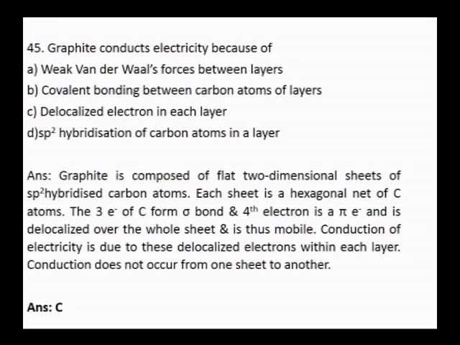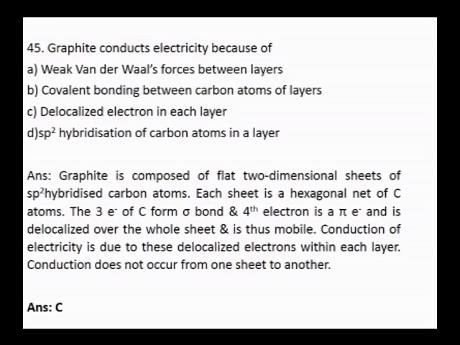In diamond, since all the carbon atoms are involved in bonding, no such free electrons are present, and therefore diamond, for your information, is an insulator, and diamond is also considered the hardest substance.